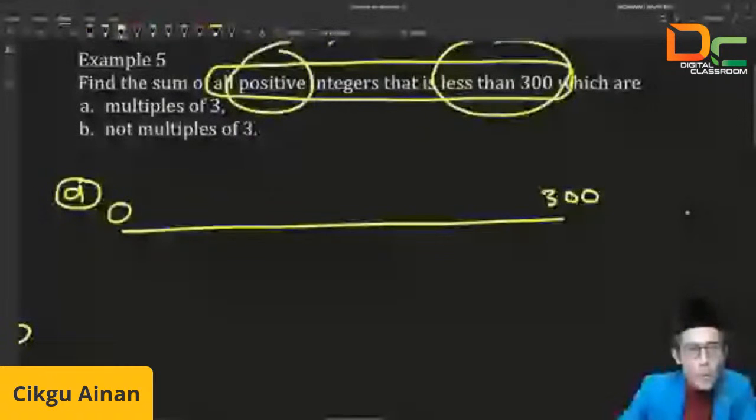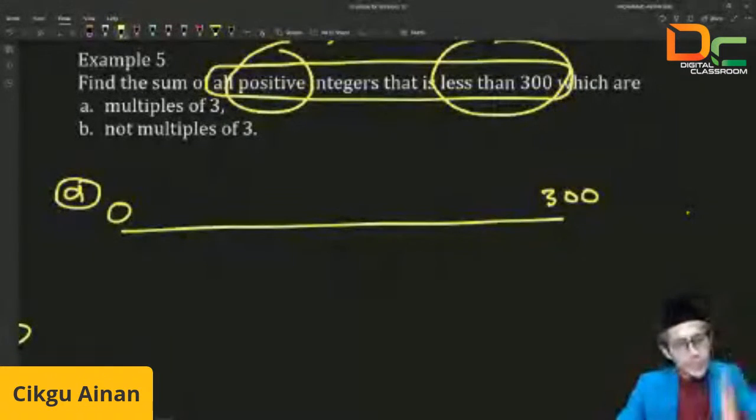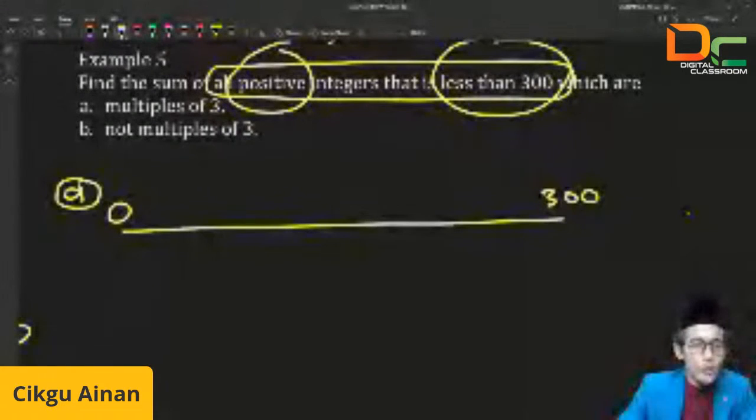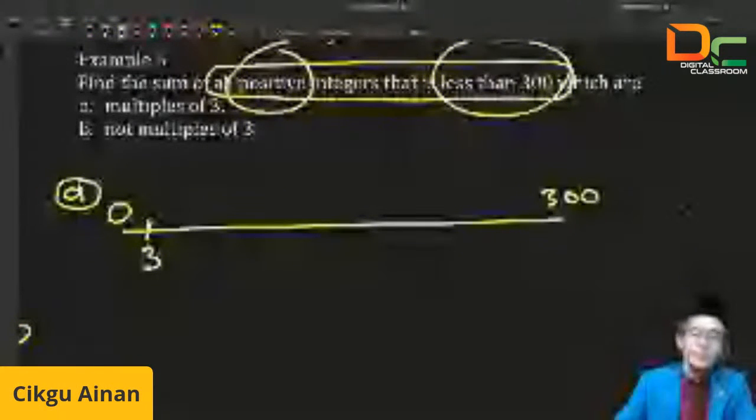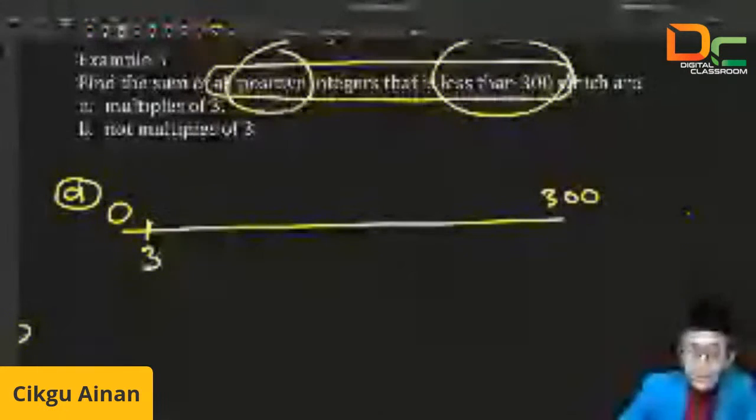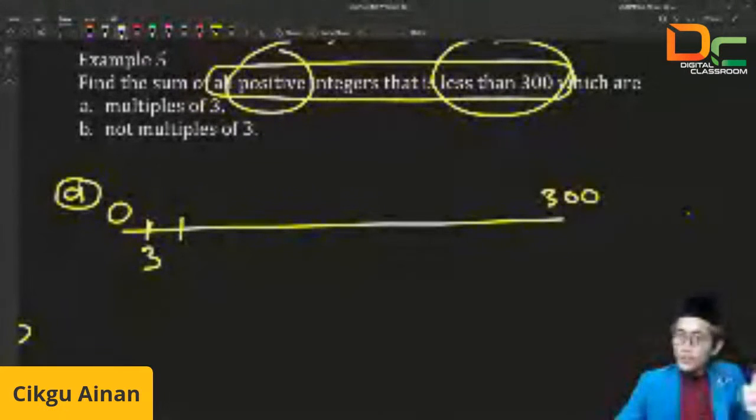What is the first number greater than 0 which is a multiple of 3? It is 3, obviously. It is not 1, not 2, it is 3. Then what is the next number? 4 is not, 5 is not, 6 it is.